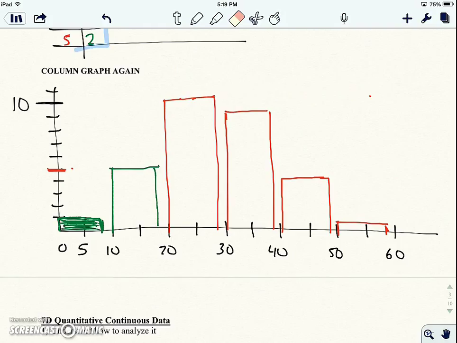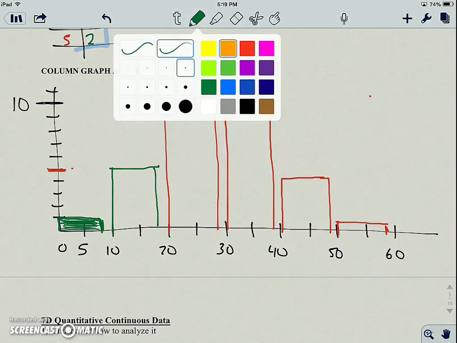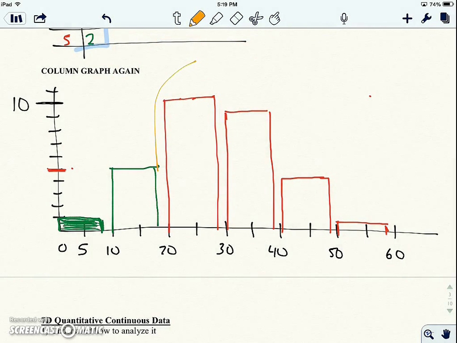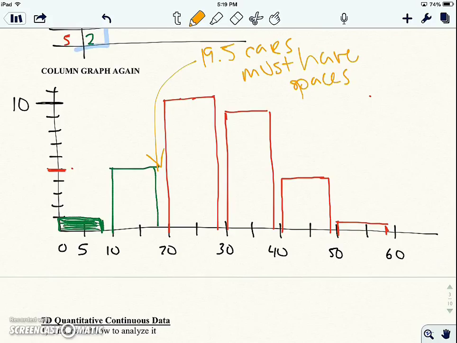Okay. Key thing here is this is discrete data. There was never a day where there was 19.5 cars. So you must have spaces. Okay, so this is a column graph again, or a vertical bar chart, but it's not a histogram yet because this is discrete data.